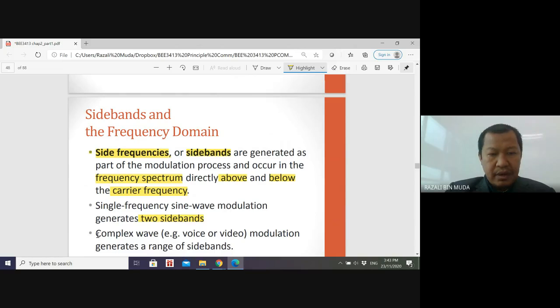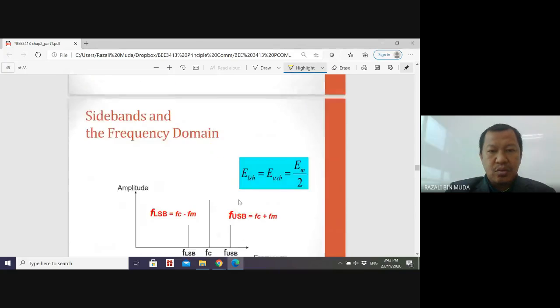Okay, but for a complex wave, for example voice or video, the modulation process will generate a range of sidebands. It will generate more than two sidebands. It will give you maybe 10 upper sidebands and 10 lower sidebands.